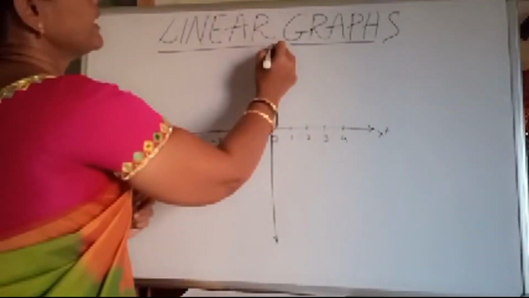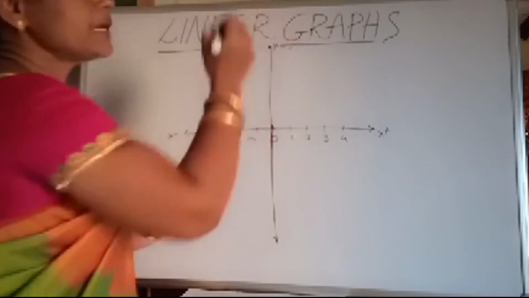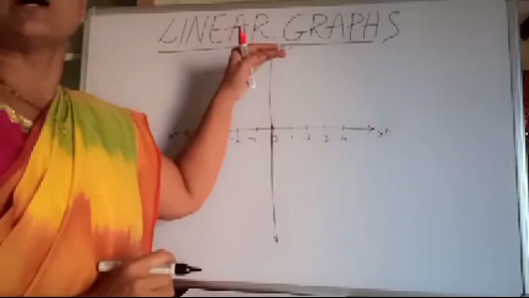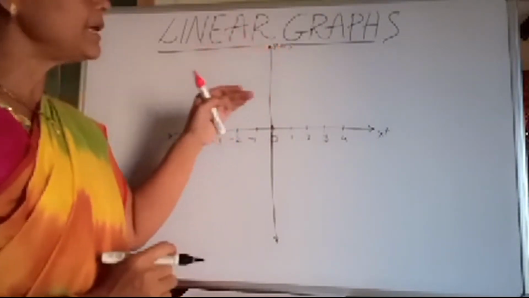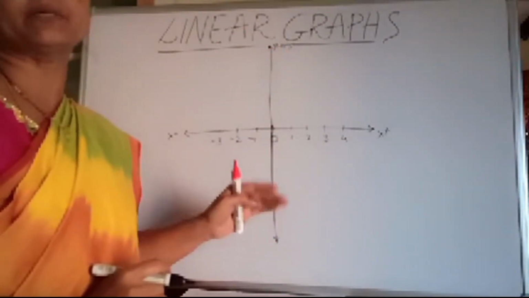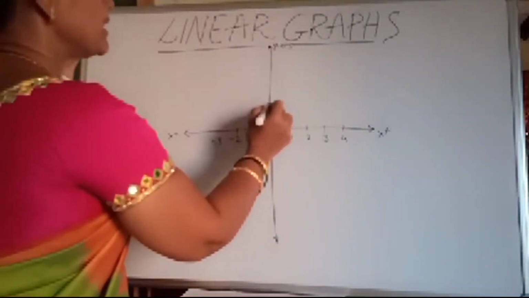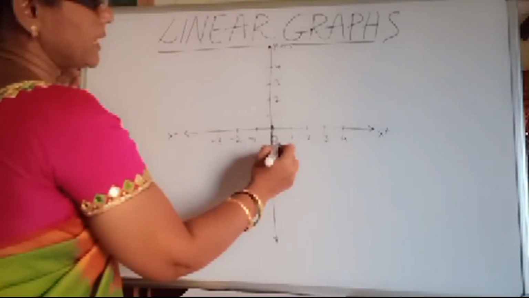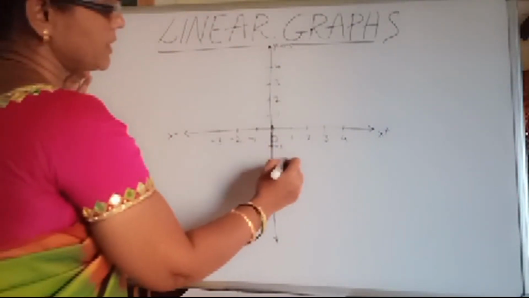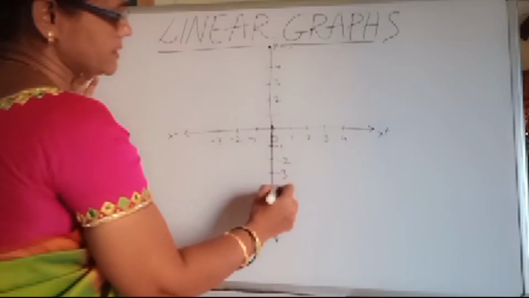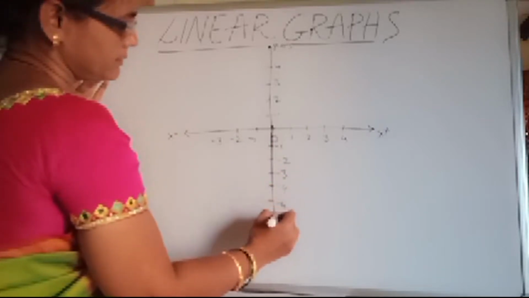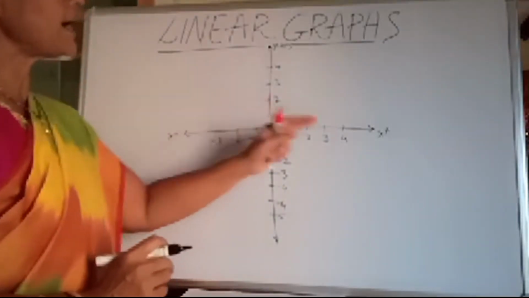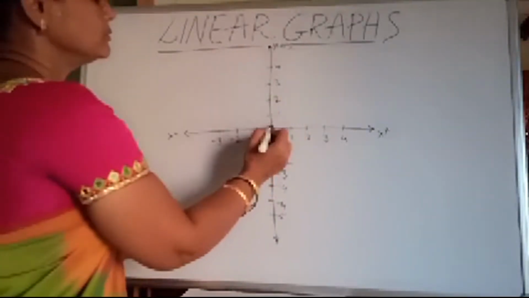On the y-axis, above 0 are positive numbers, 1, 2, 3, 4 and so on, and below 0 are negative numbers, like this, and so on.